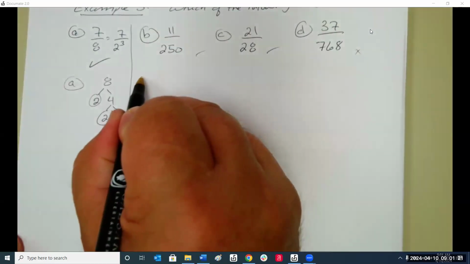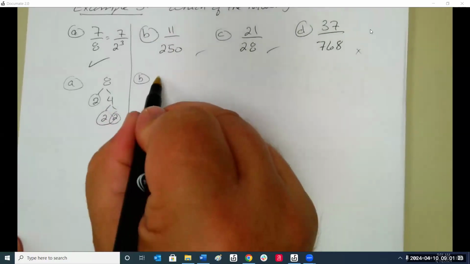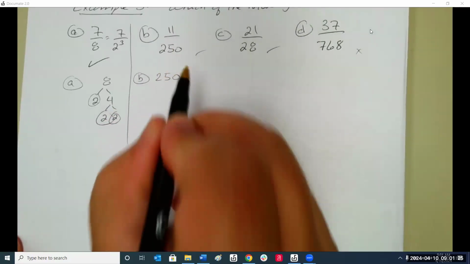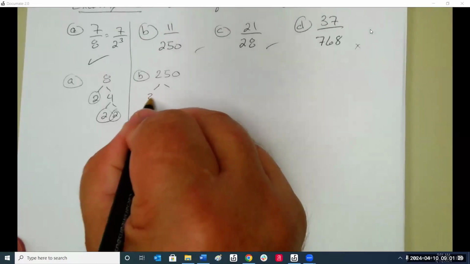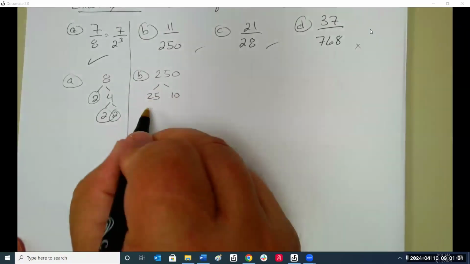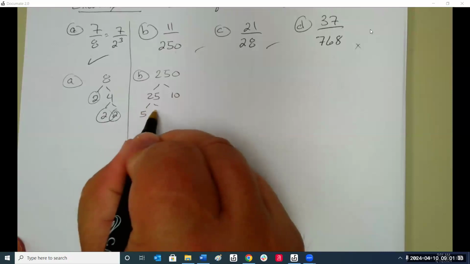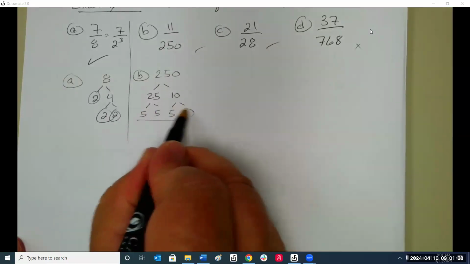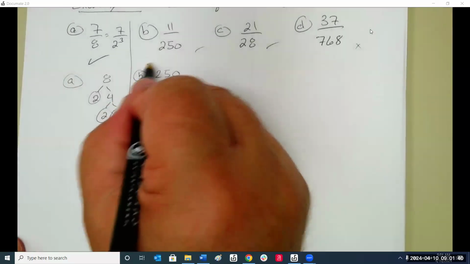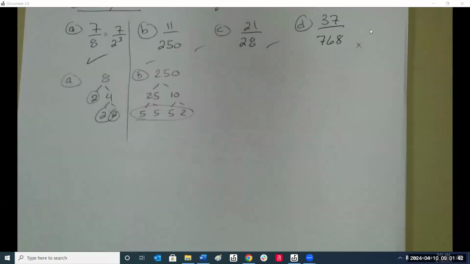How about B? 250. Well, we just worked that one out. 25 times 10, 5 times 5, 5 times 2, only 2s and 5s. So yes, it's a terminating decimal.